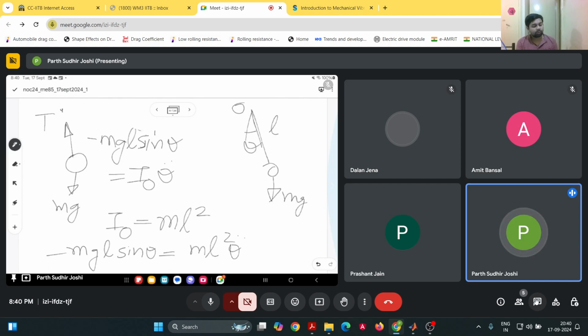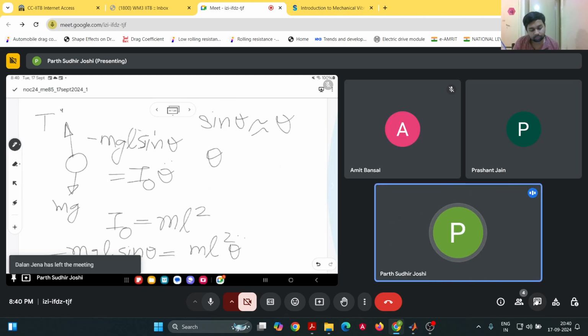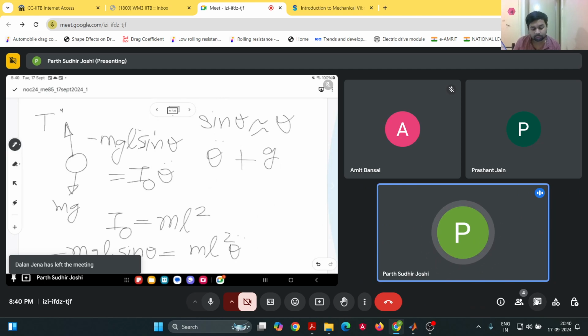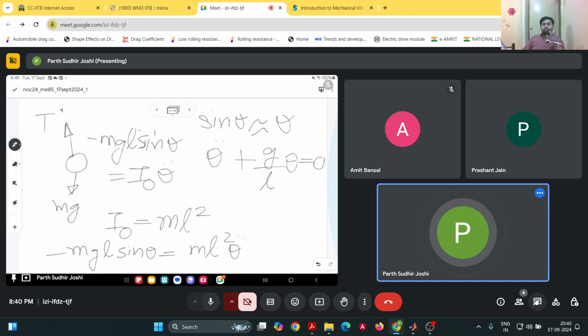If we now assume that sine theta is nearly equal to theta, then we end up with theta double dot plus g by L theta equal to 0. This is the simple pendulum equation of motion, using the moment method.